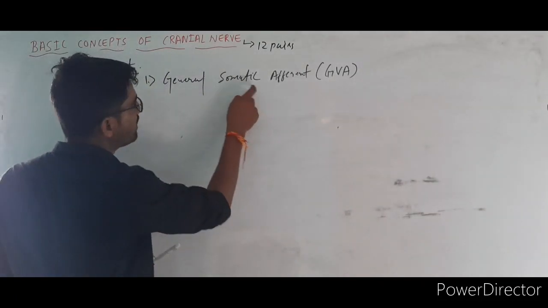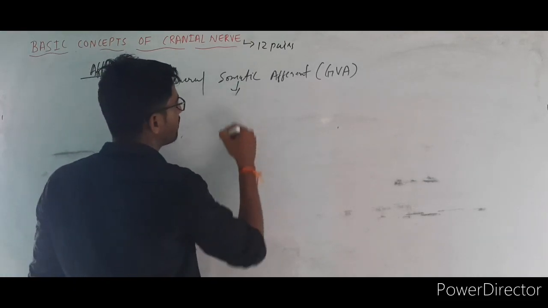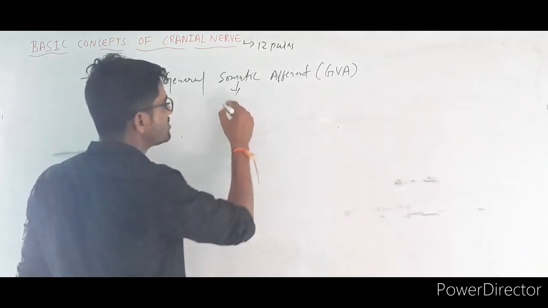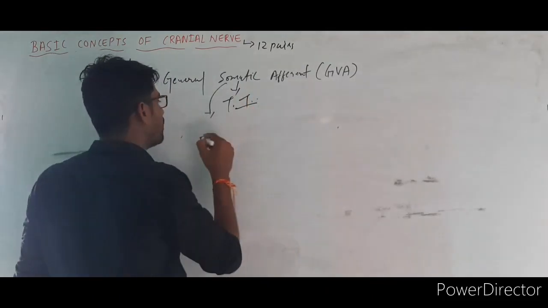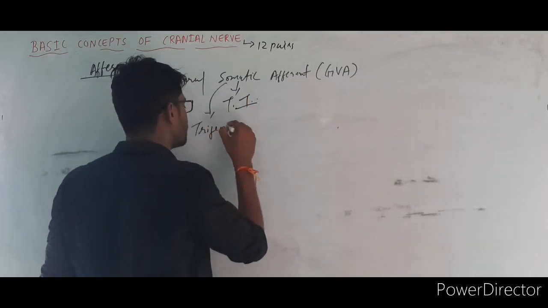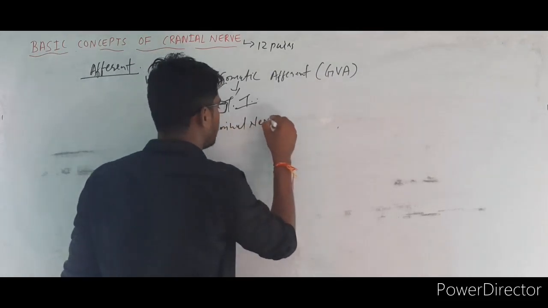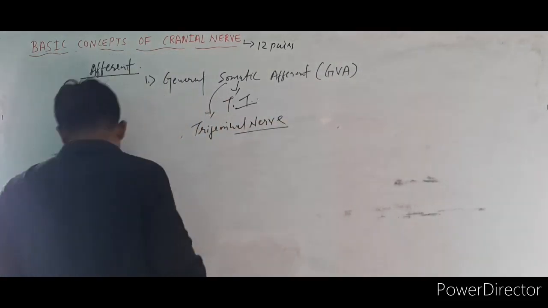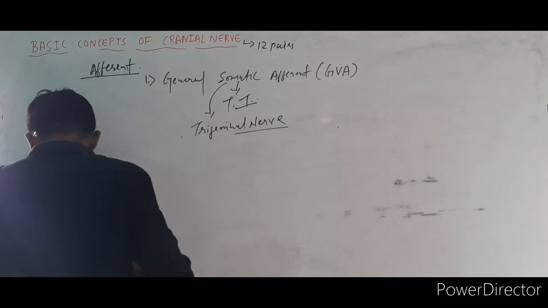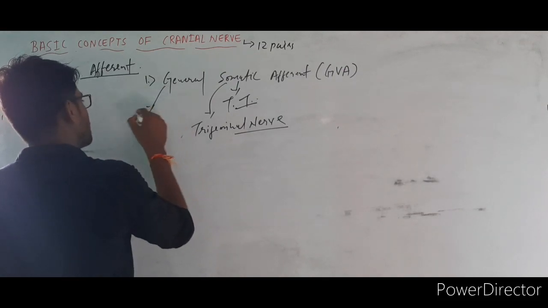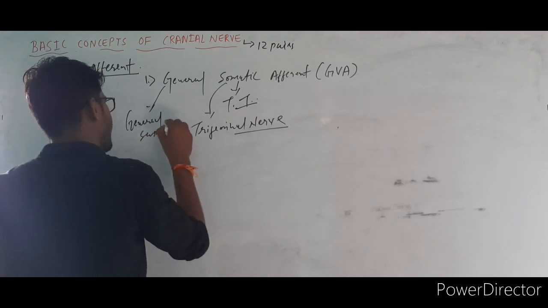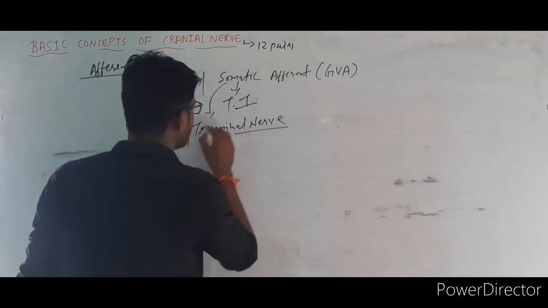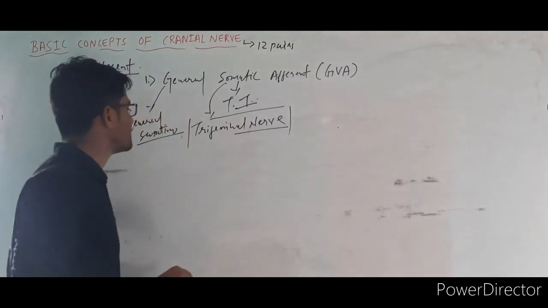So the general somatic fiber is for the general sensation of touch and temperature. Which nerve? The trigeminal nerve. This is just for the general sensation, and the trigeminal nerve is carrying the general sensation.